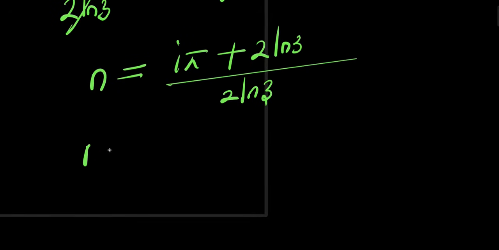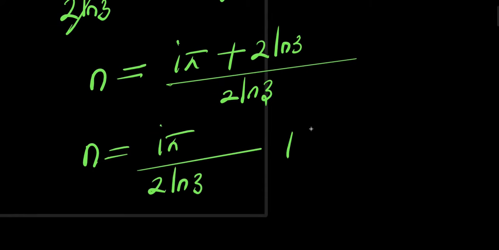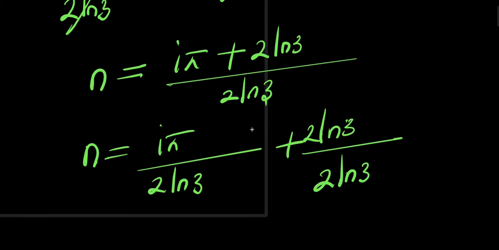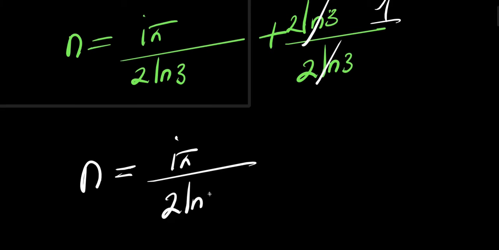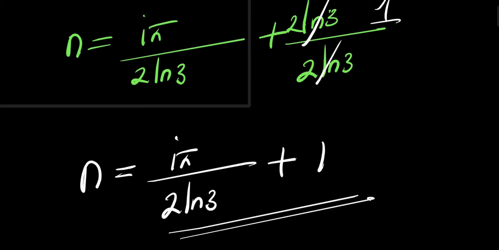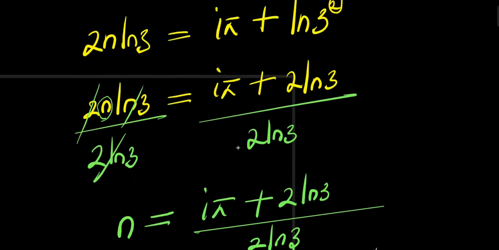So n equals i times pi divided by 2 times natural log 3, plus 2 times natural log 3 divided by 2 times natural log 3. Eliminate this, we have 1. So n equals i times pi divided by 2 times natural log 3 plus 1. So we have solved it, and this is our solution.